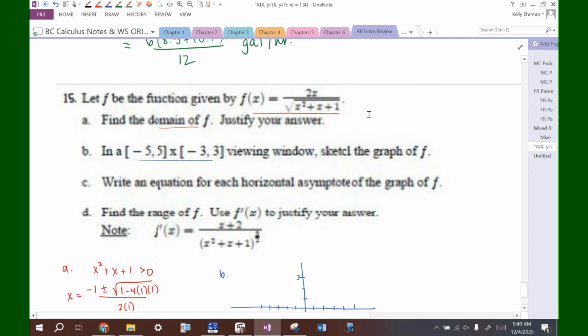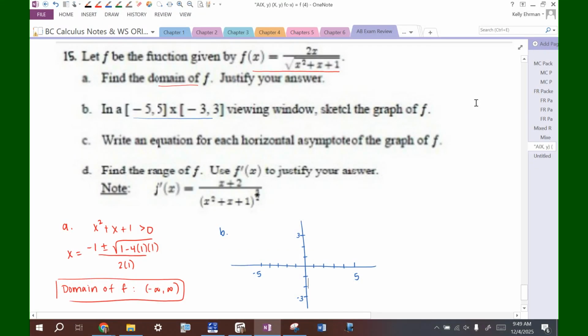So f of x is rational in that it's a fraction. I guess it's not purely rational, but I want to think about what's happening as we start plugging in endpoints. I can go ahead and find f of negative 5 and f of 5.